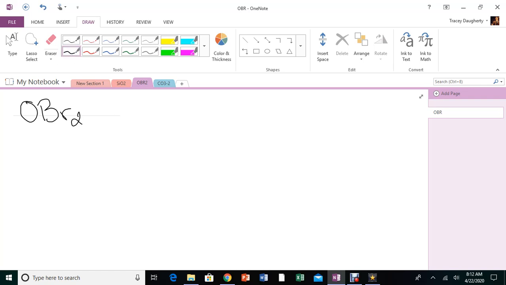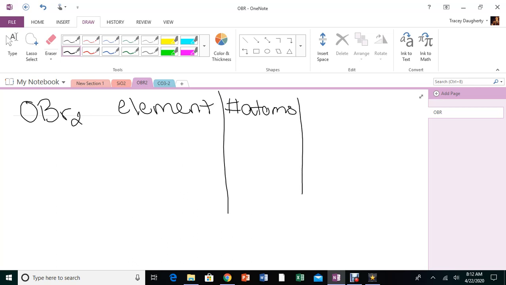So we've got OBr2. We're going to start it off the same way. Element, number of atoms, valence electrons, and your total.